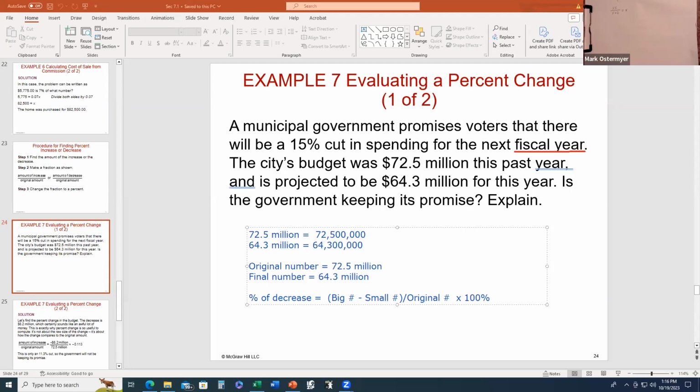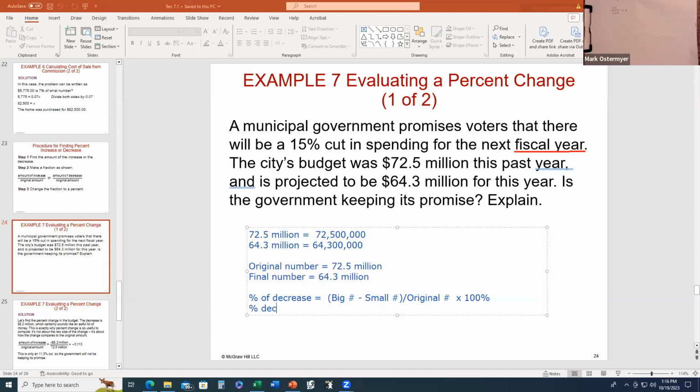Now, here's the beauty of this formula that I gave you, contrary to what they gave you on the previous slide. My formula is more robust because it will work not only for a percent decrease, but also for a percent increase. Yeah, works for both. So let's follow along here.